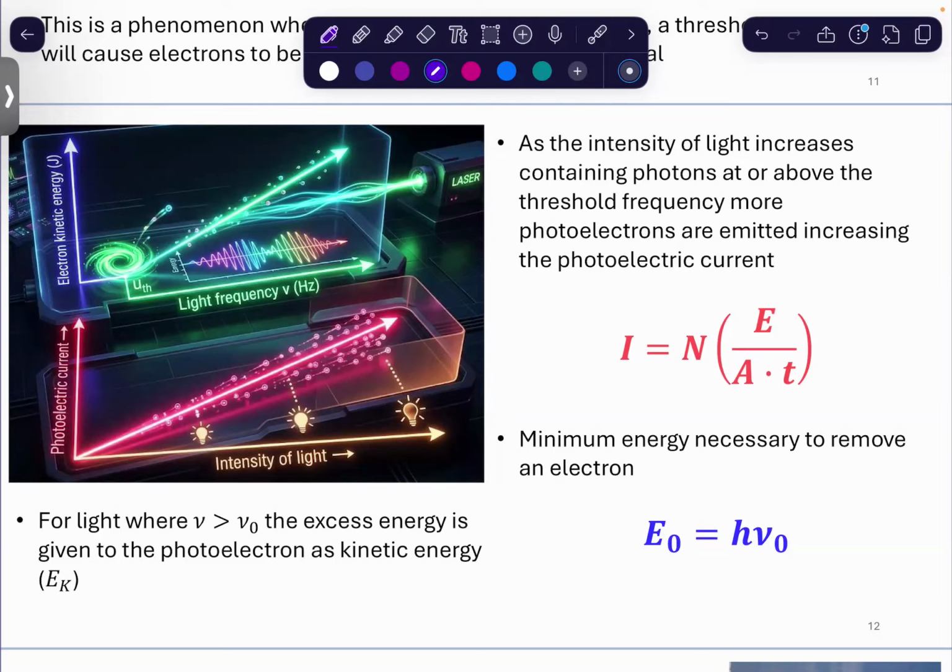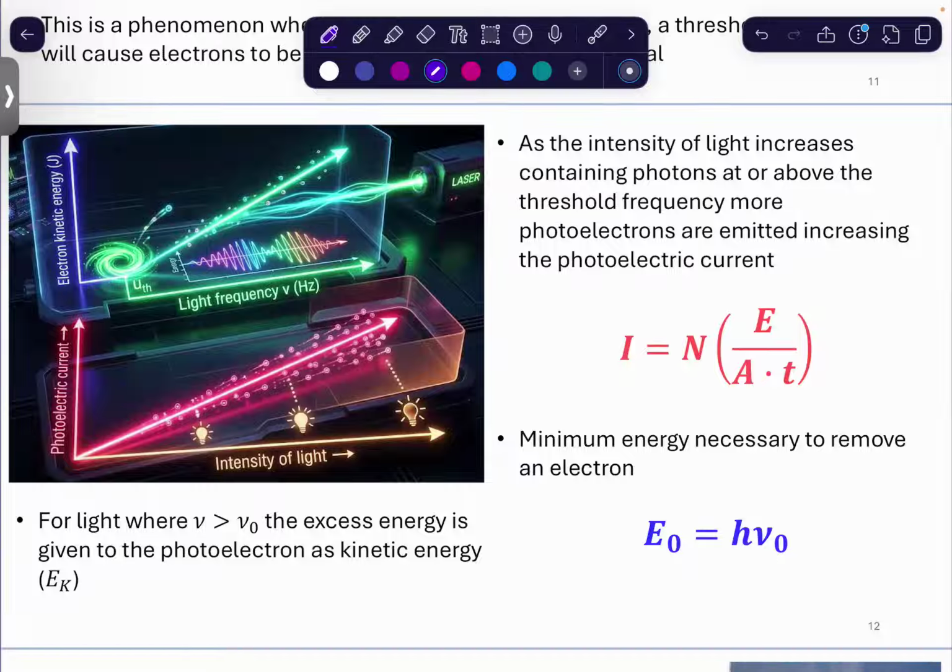So once you start getting frequencies above that threshold frequency, then those photons are going to transfer kinetic energy to the electrons, and the electrons will start to move, or you're going to get a current. And so that's another factor of seeing light as a particle, because we can study collisions all day.